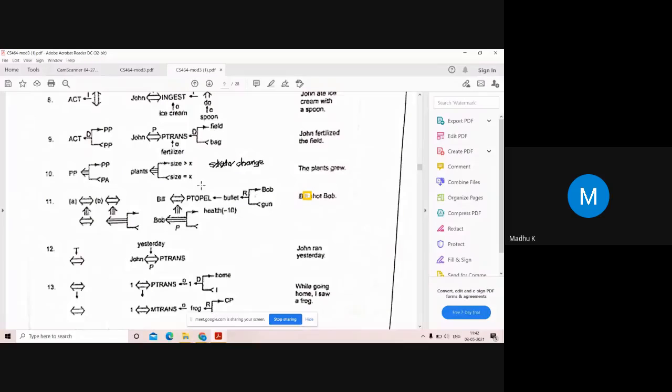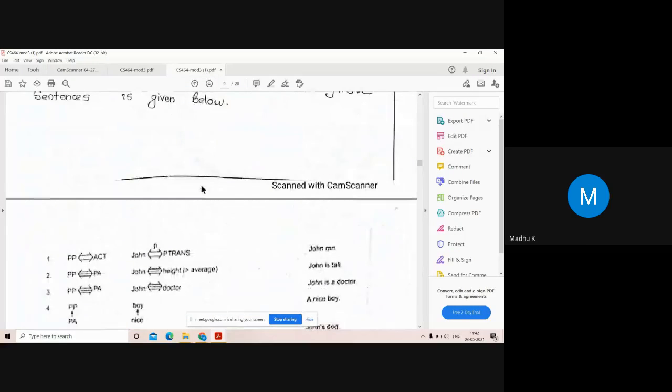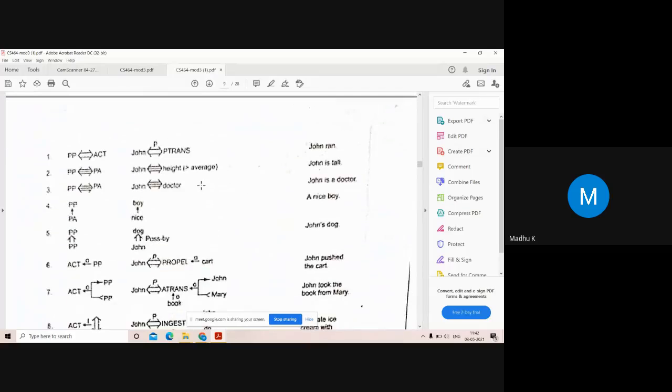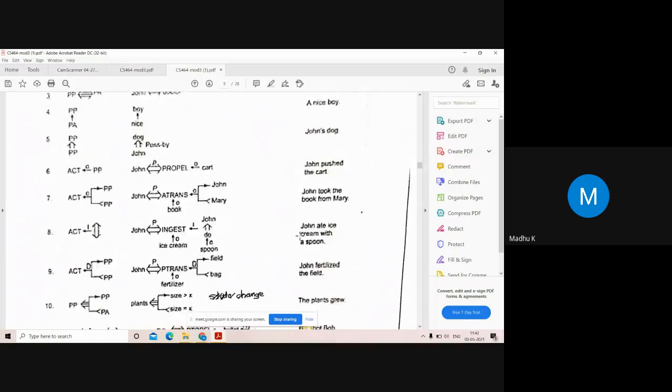So this is about conceptual dependency. I will give some assignments based on this topic also. For example, I give a sentence, "John took the book from Mary."